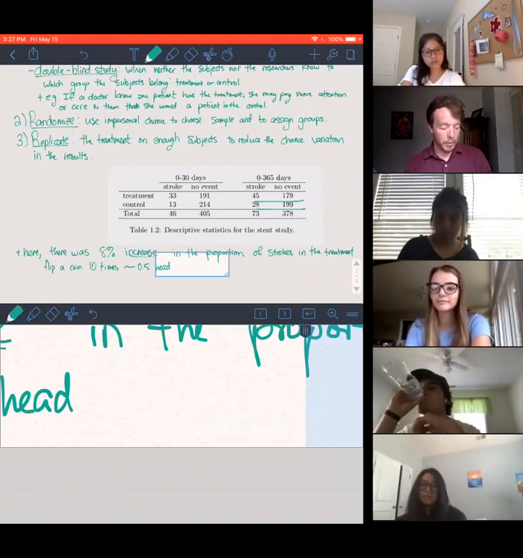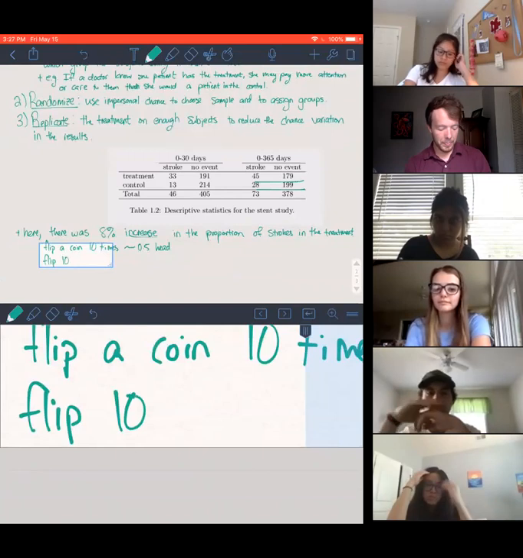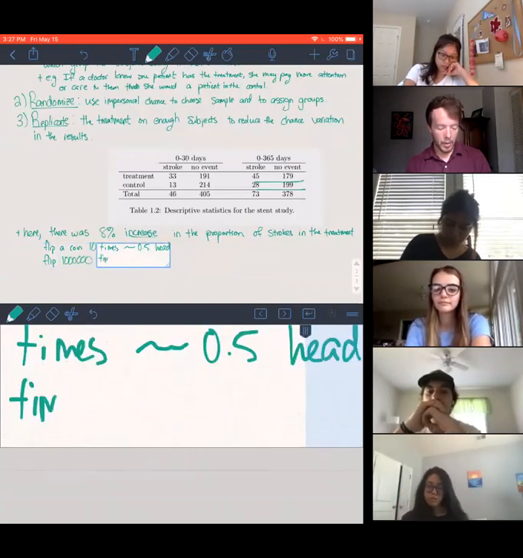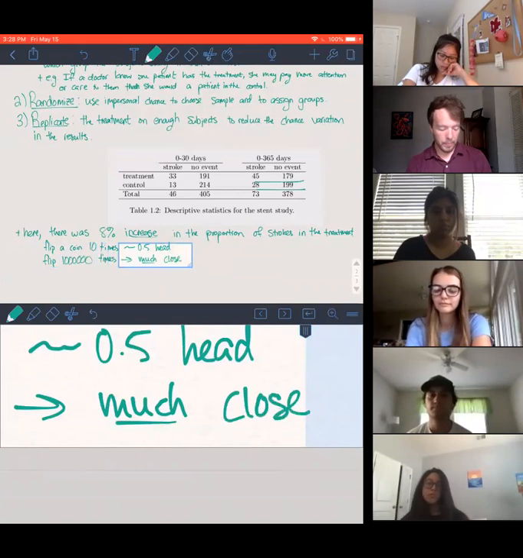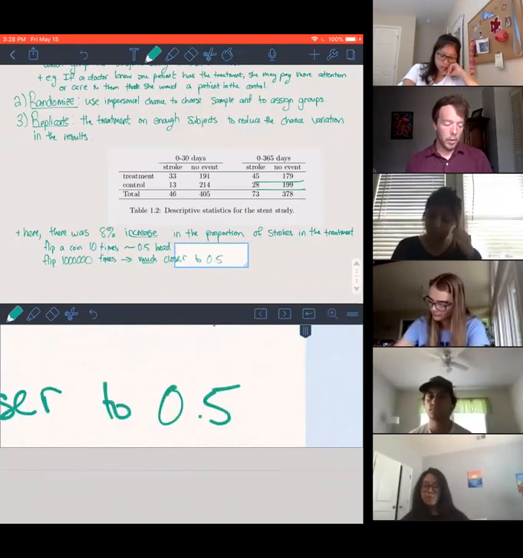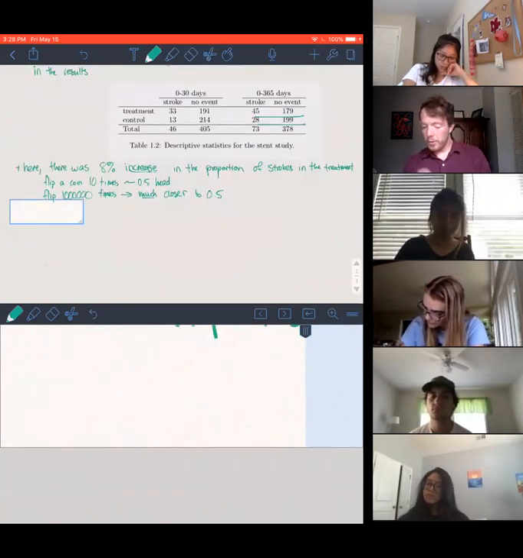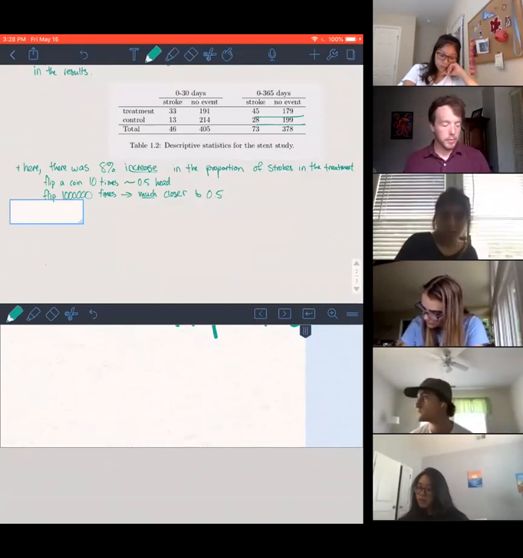But if I were to flip it 1,000,000 times, I would expect it to be much closer to 0.5. So replicate, this third thing that we want to think about whenever we're designing experiments, gets to a major statistical idea.